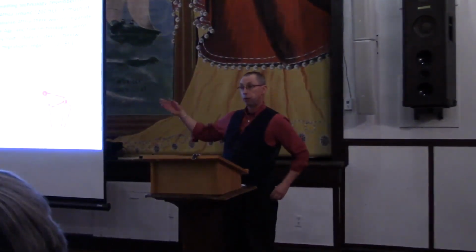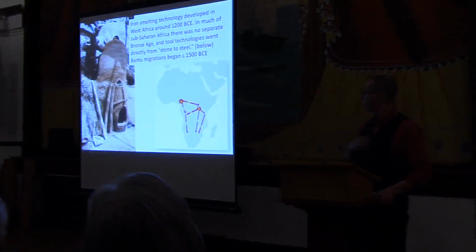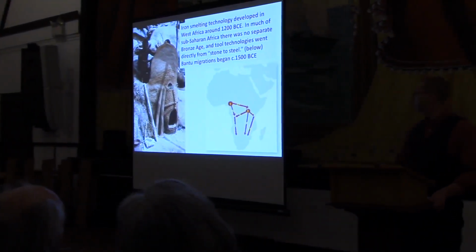So these developments, at least in terms of iron, this is polycentric. This is not just one place. The evidence, I think, now is pretty conclusive that iron working develops autonomously in sub-Saharan Africa, in West Africa. This is a modern-day iron smelting furnace from West Africa.